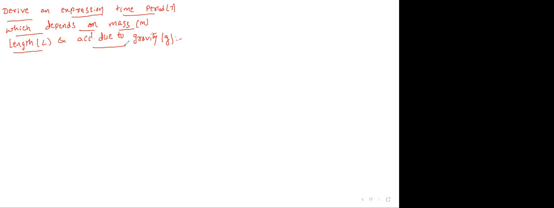That time period of the simple pendulum depends on mass, length, and acceleration due to gravity. Now, first tell me for which quantity you have to derive the expression. We have to derive the expression for the time period.